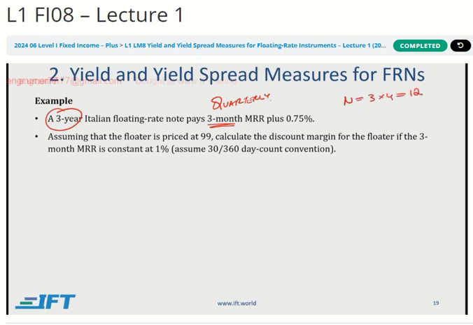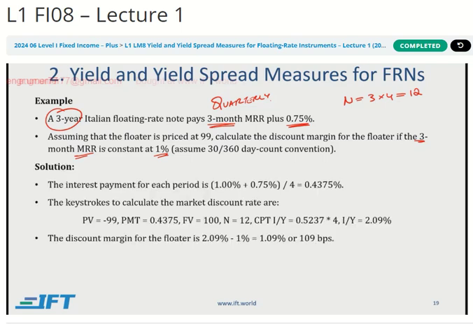So that comes to 12, right? This is the quoted margin. MRR is 1% for the 3-month. So I'll just request you now to pause the video and try to do it, and don't worry about getting it wrong. Just try to do it, and then I'll show you the answer.